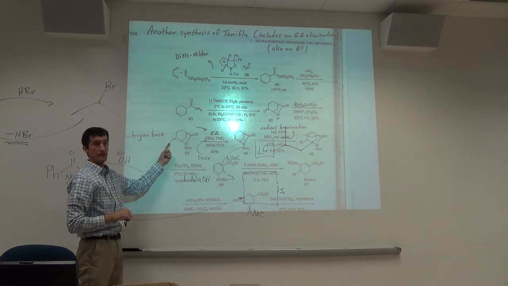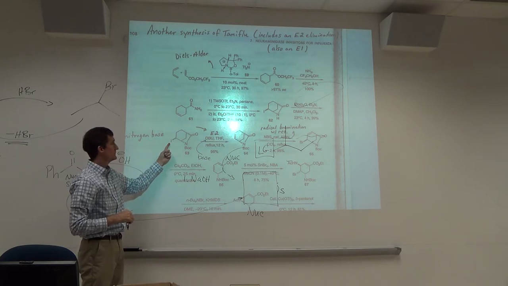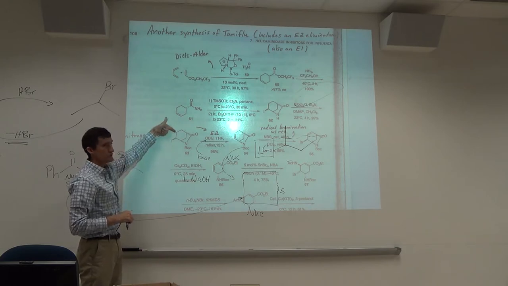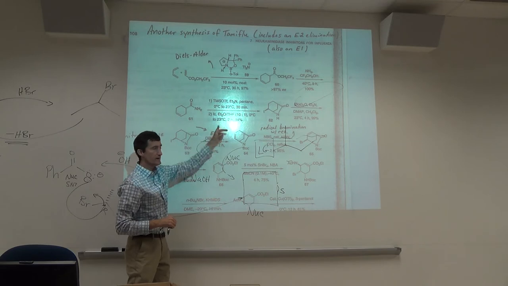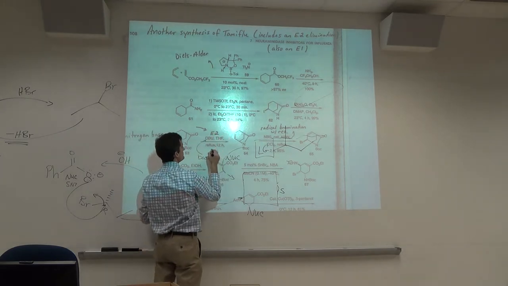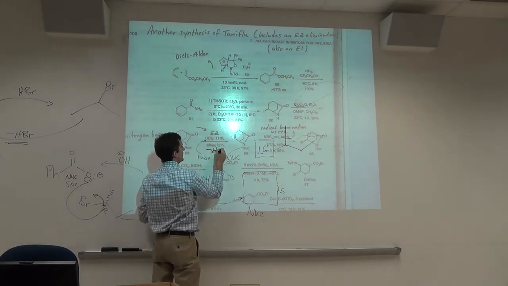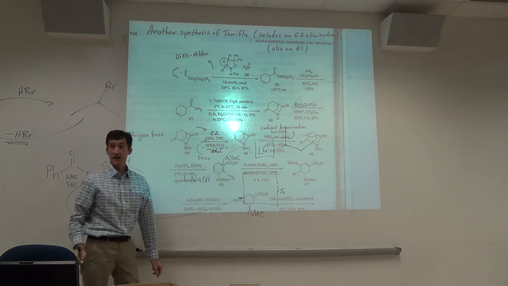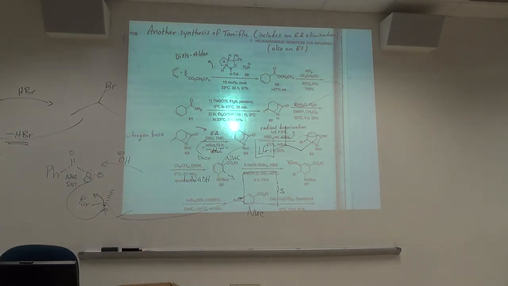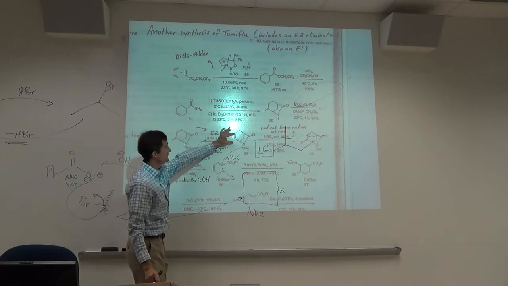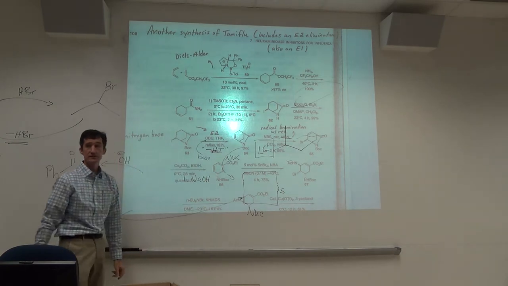What else is leaving? There's two H's there. There's only one H there now. What did we lose? We're losing HI. We'll eliminate HI from that molecule, just like over here we eliminate HBr. Put in the double bond by an elimination of HI.